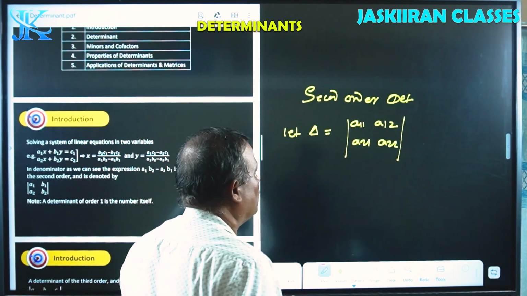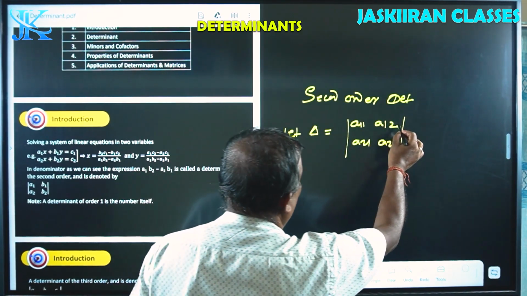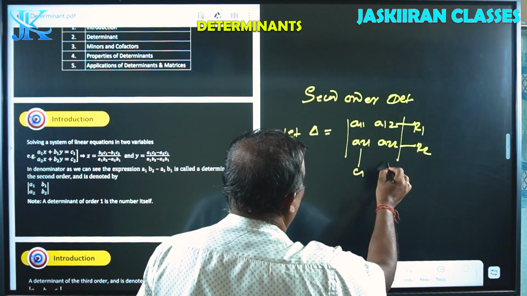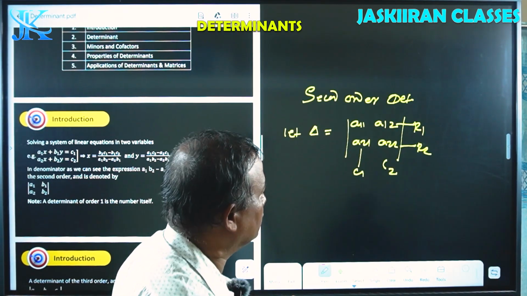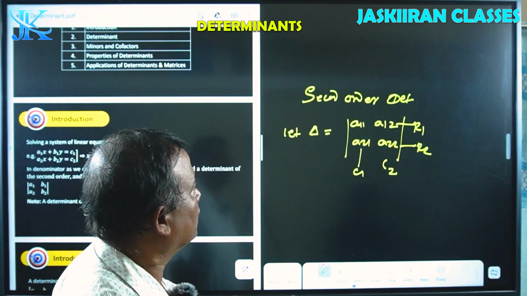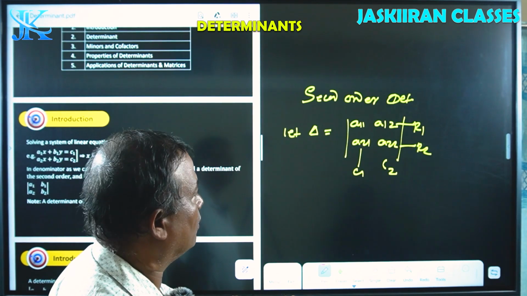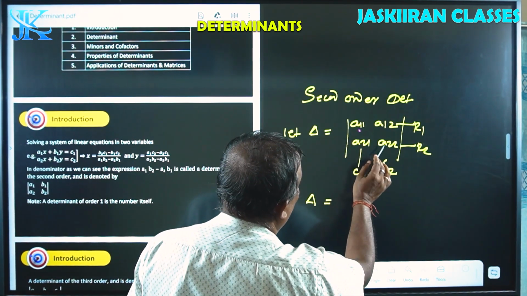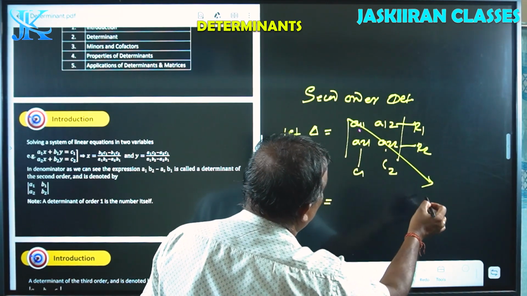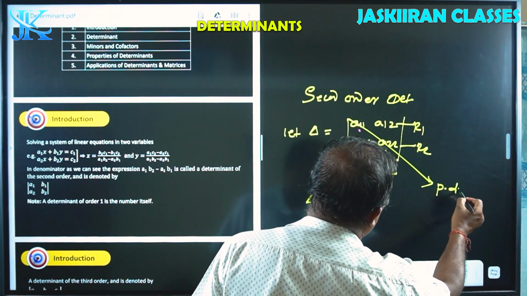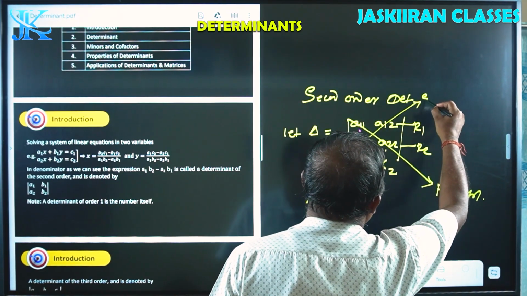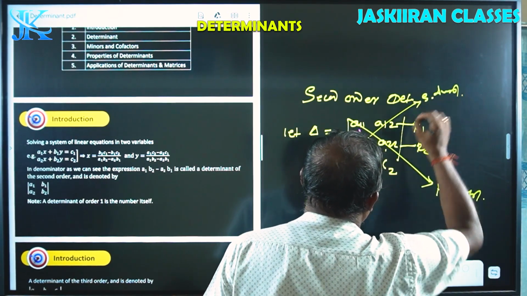As I told you, there is row 1 and row 2, and column 1 and column 2, so two rows and two columns. How do we expand the second order determinant? a11 and a22 form the principal diagonal, and a12 and a21 form the secondary diagonal.